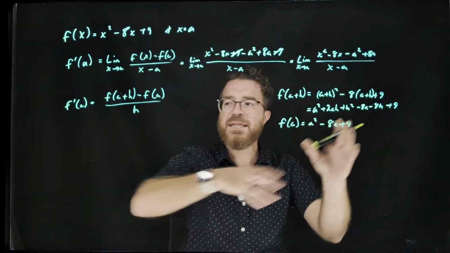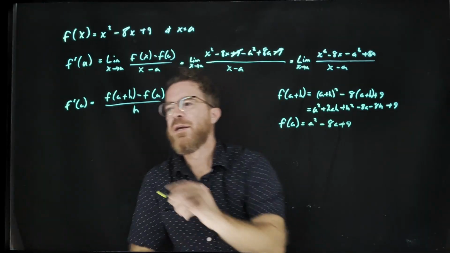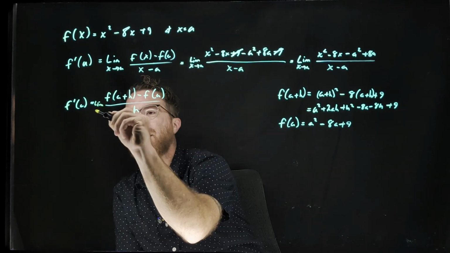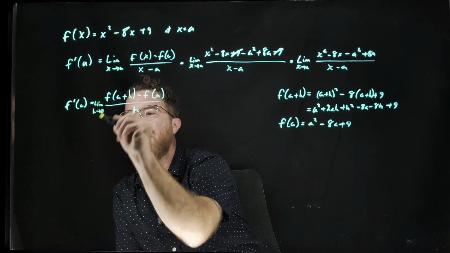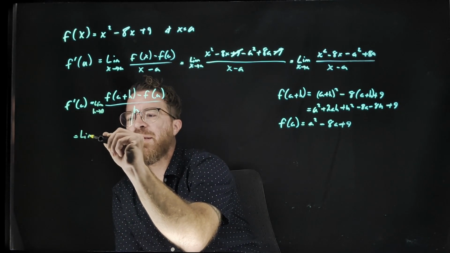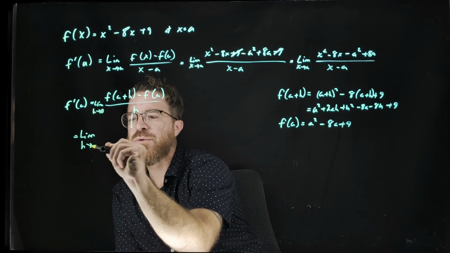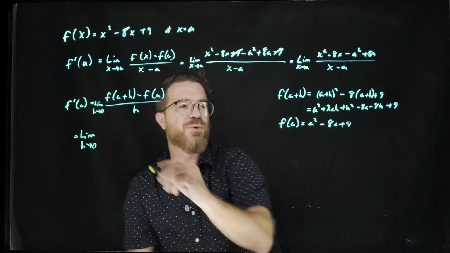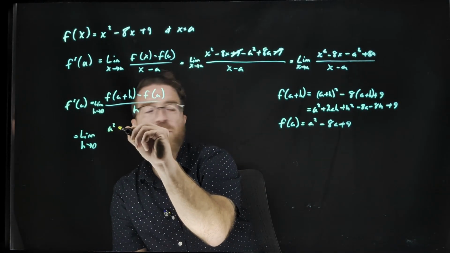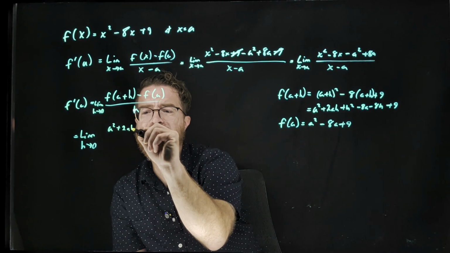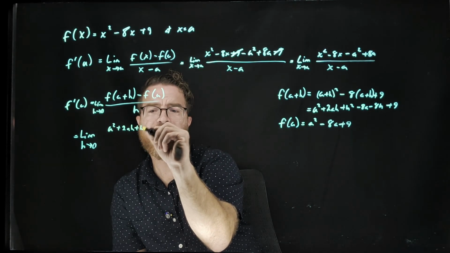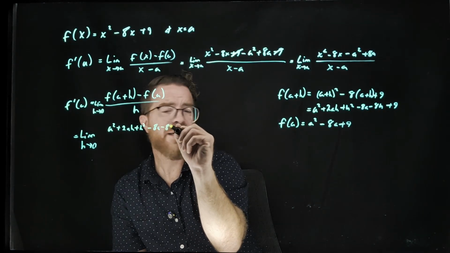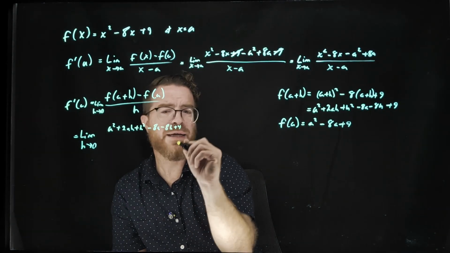Now let's bring these and put them back into our limit. I forgot to write my limit as h goes to 0. So this is going to be equal to the limit as h goes to 0. I'm going to plug in my f of a plus h. This is going to be a squared plus 2ah plus h squared minus 8a minus 8h plus 9.